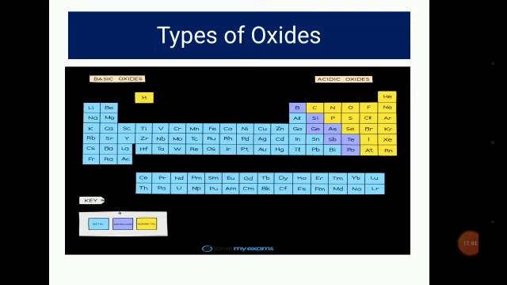Types of oxide is our next topic, in which we are seeing here the periodic table. In this periodic table, we see on the left hand side the metals, strong metals, alkali and alkaline earth metals. All the metallic oxides have the characteristic of base, means they are basic in nature.